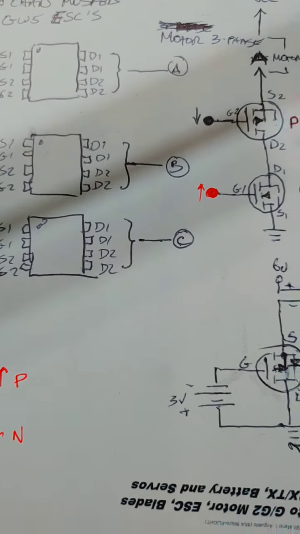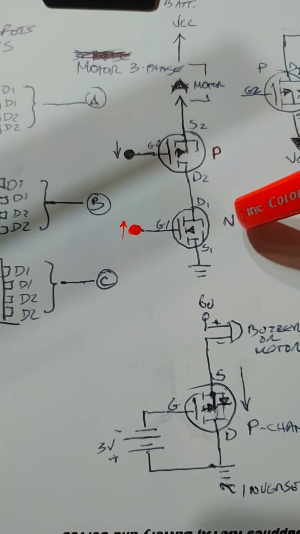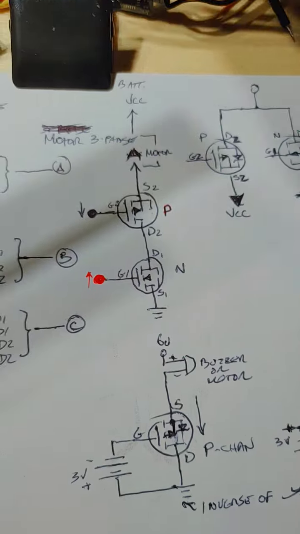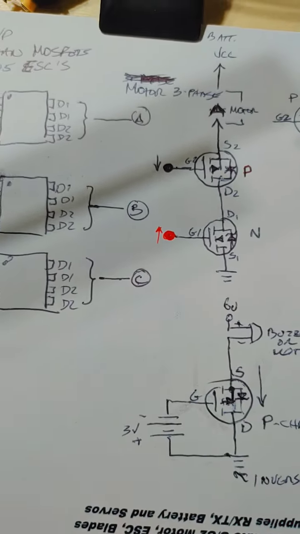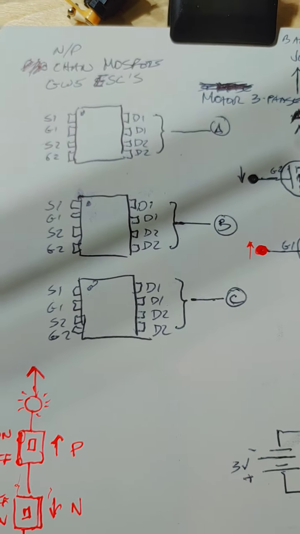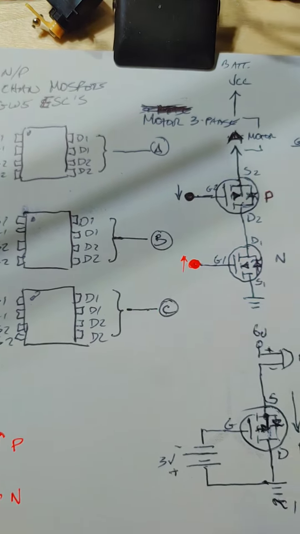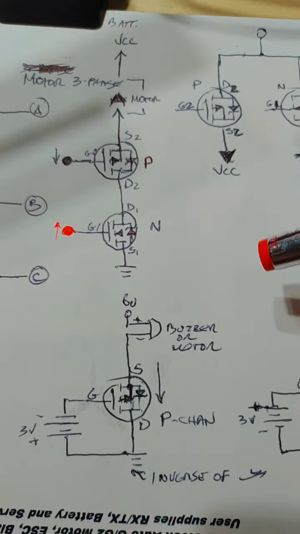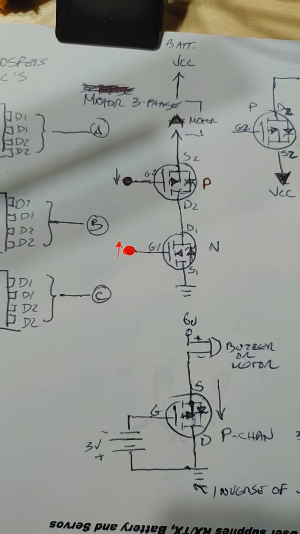Now, the schematic for the P channel is that, and the schematic for the N channel is that, and you can see how this is arranged in an interesting way here. I've done this for my own reference, because it's very difficult to remember some of these things when you don't work on them on a daily basis, so I tend to make charts like this and keep them in front of my test bench.